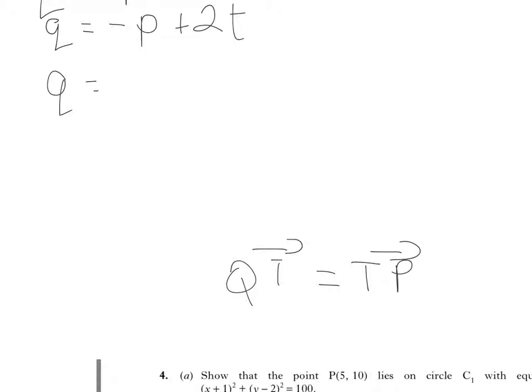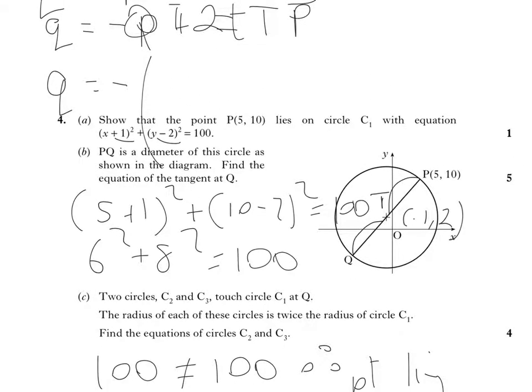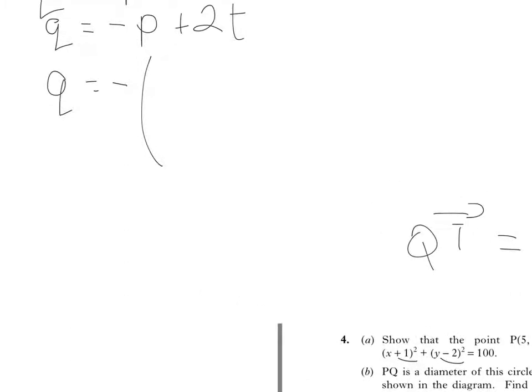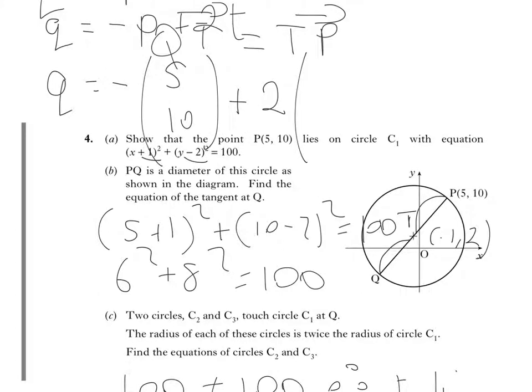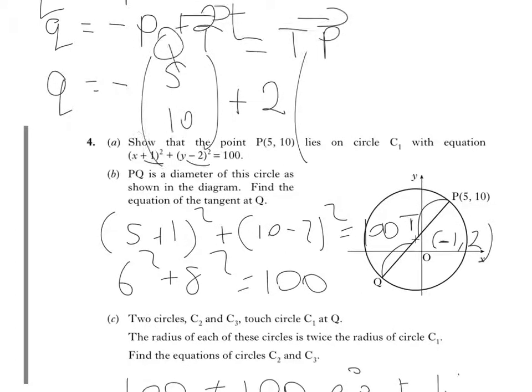Q equals minus P, and P is (5, 10), so I'm going to turn that into a column vector, plus 2 lots of T. T was the circle centre, which is (−1, 2), and I'll change that into a column vector as well.